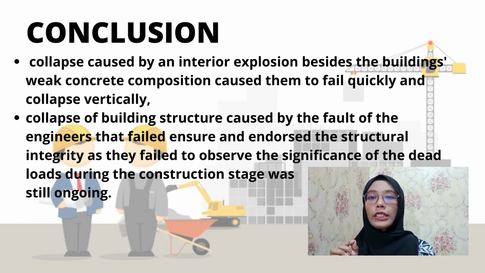The collapse of the building structure was caused by the fault of the engineers, because the engineers failed to ensure and endorse the structural integrity. They failed to observe the significance of the dead loads while the construction stage was still ongoing.